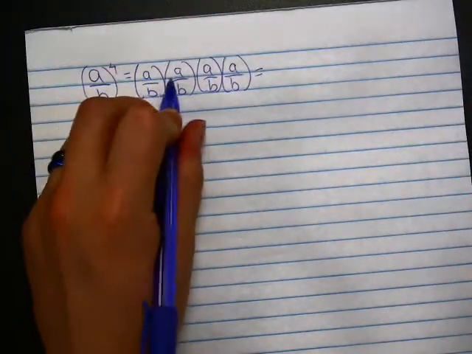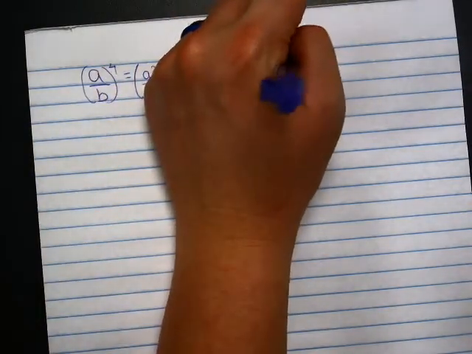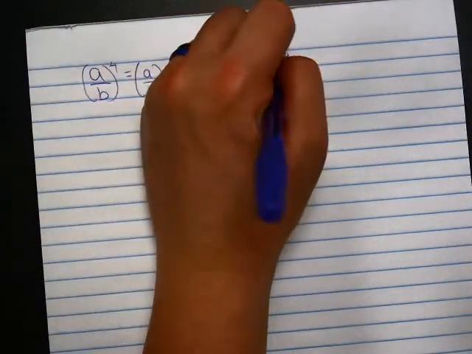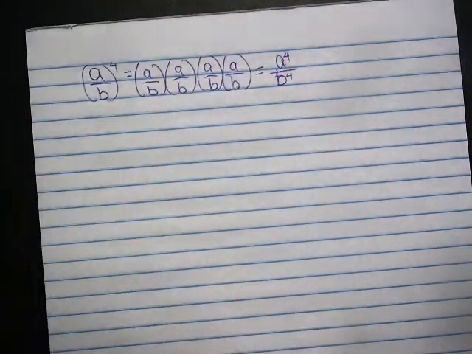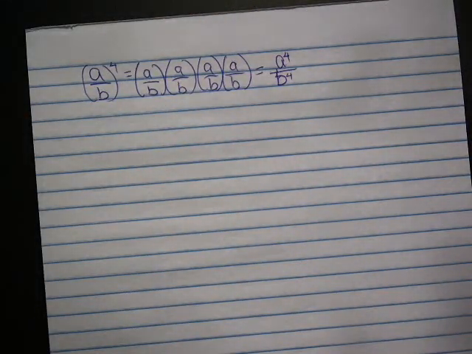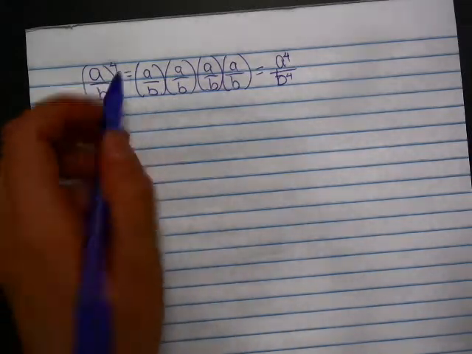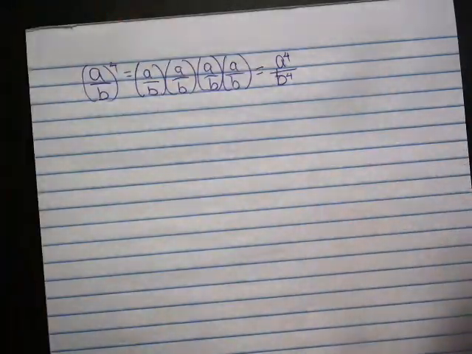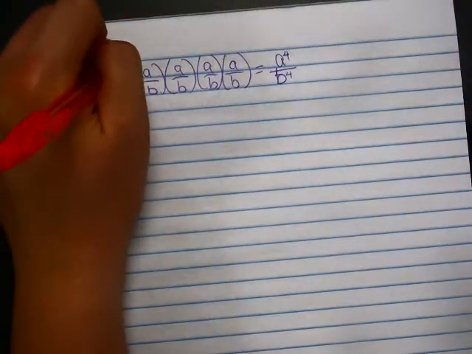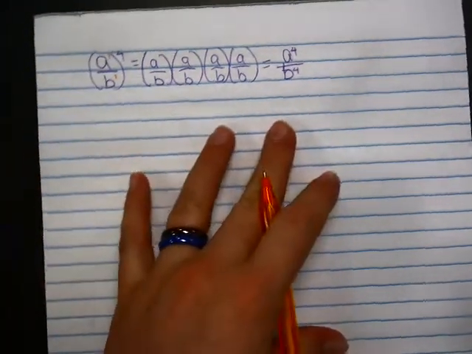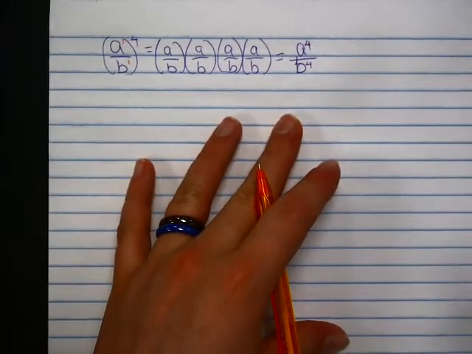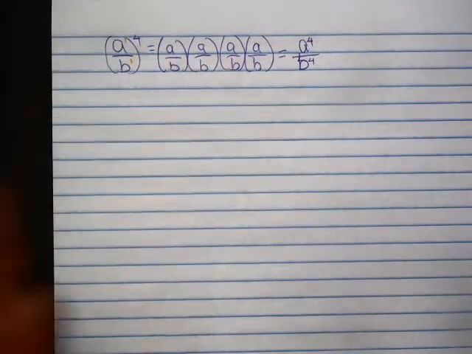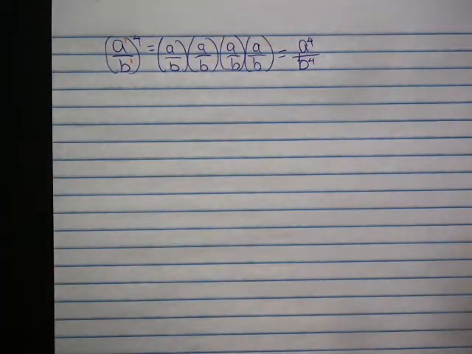And that is a to the 4th, and b to the 4th. So this is very similar to what we did with the power of products rule, where we just can say that it's the 1. So it's just 1 times 4 and 1 times 4. But we just have to make sure that we do it to every letter in the parentheses.